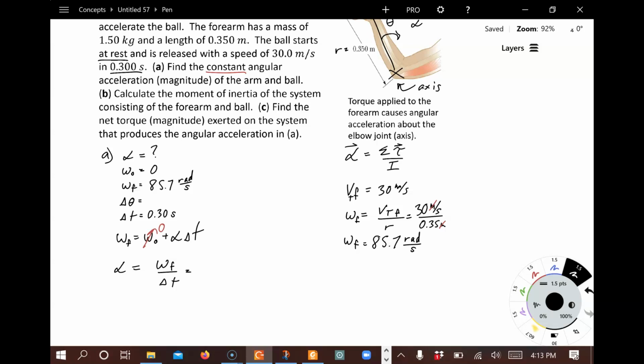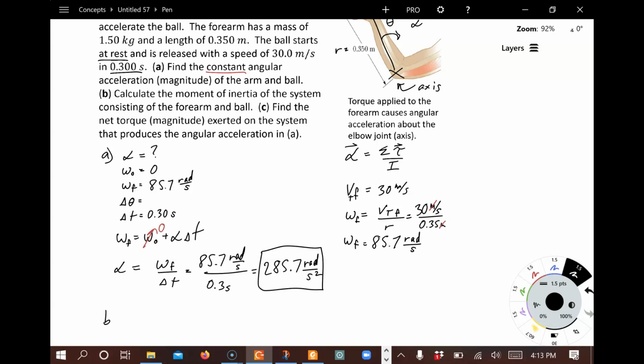Let's plug our numbers in here. 85.7 rads per second divided by 0.3 seconds gives us an angular acceleration of 285.7 radians per second squared. That's the answer to part A.